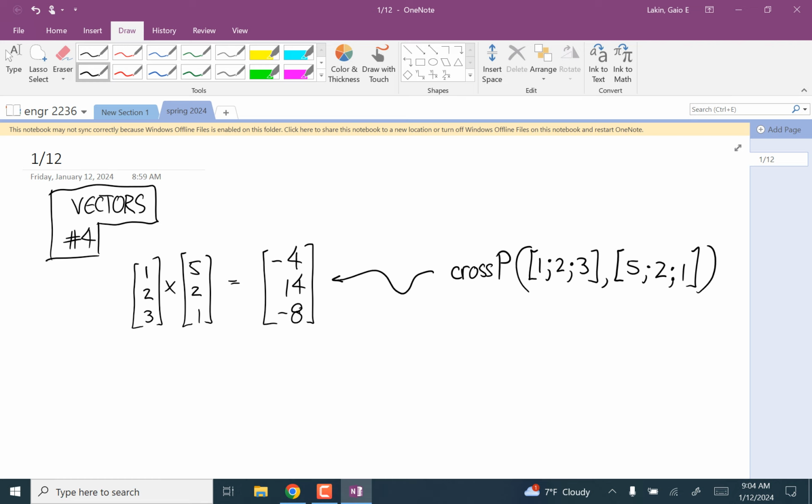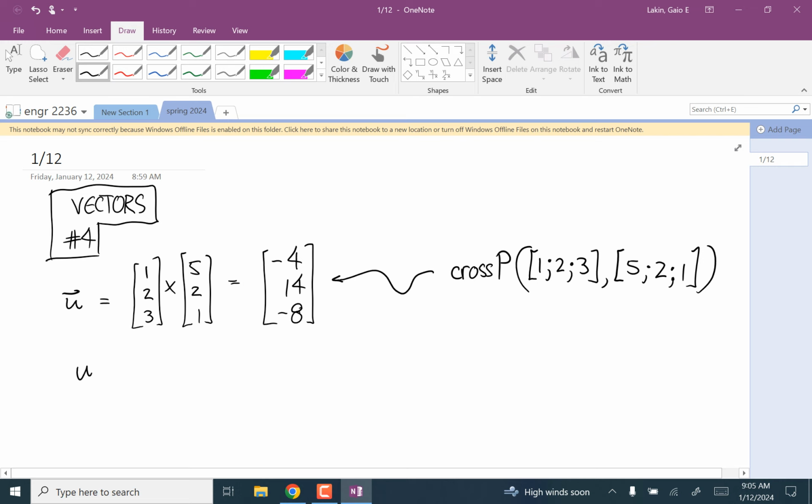And then take the unit vector. There's another function that a lot of these calculators have. If your calculator doesn't have it, then you might want to enter this program in your calculator, and I can help you do that. So let's say that this vector u is -4, 14, -8.